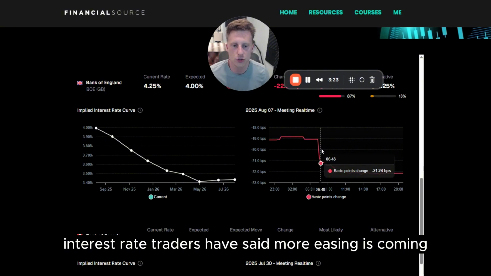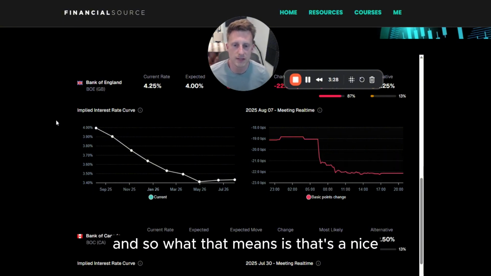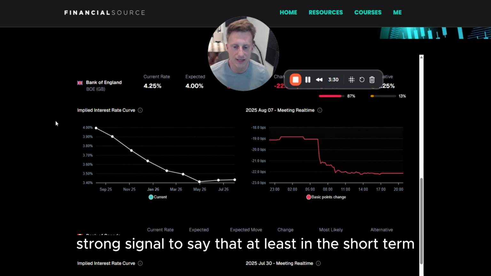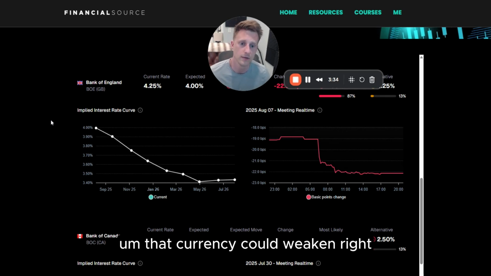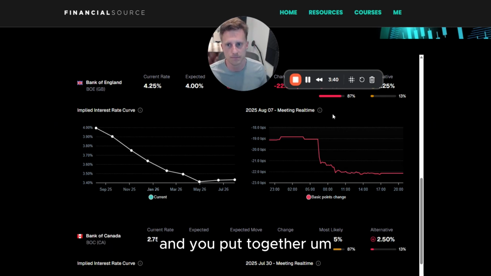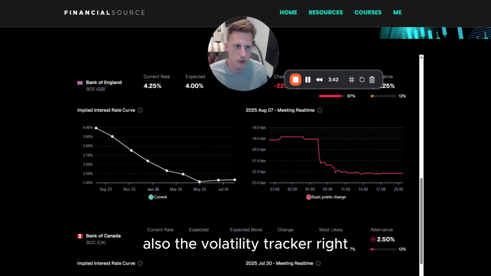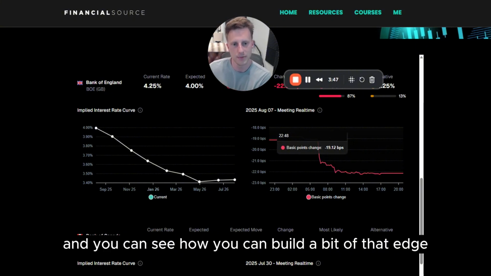Interest rate traders have said more easing is coming. And so what that means is that's a nice strong signal to say that at least in the short term, that currency could weaken, right? So then you put together the strength meter, and you put together also the volatility tracker, right? You put all these tools together and you can see how you can build a bit of that edge.